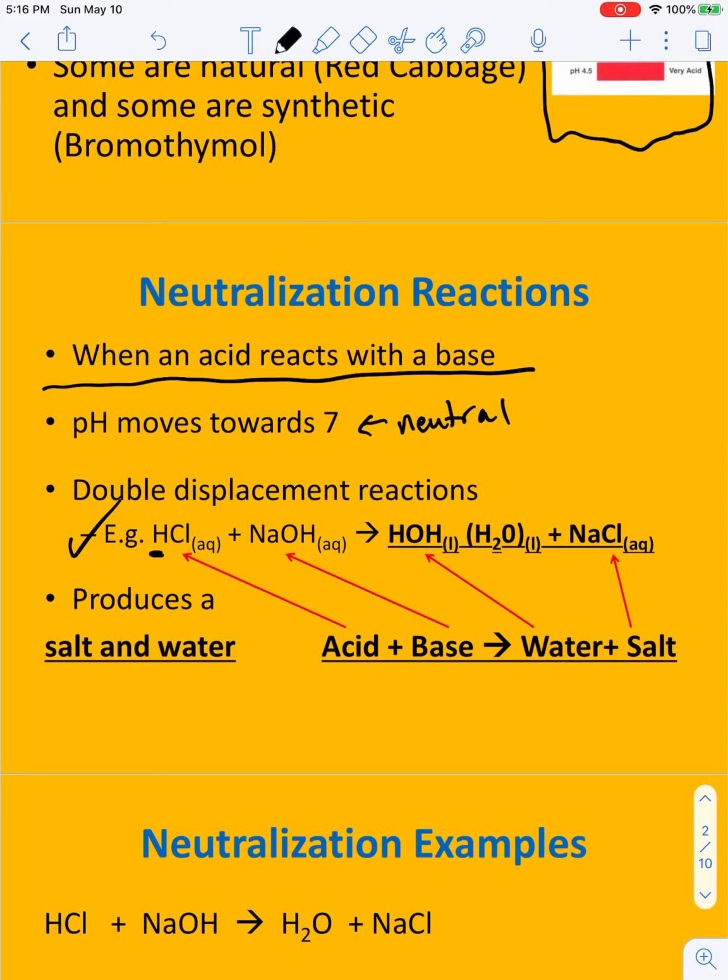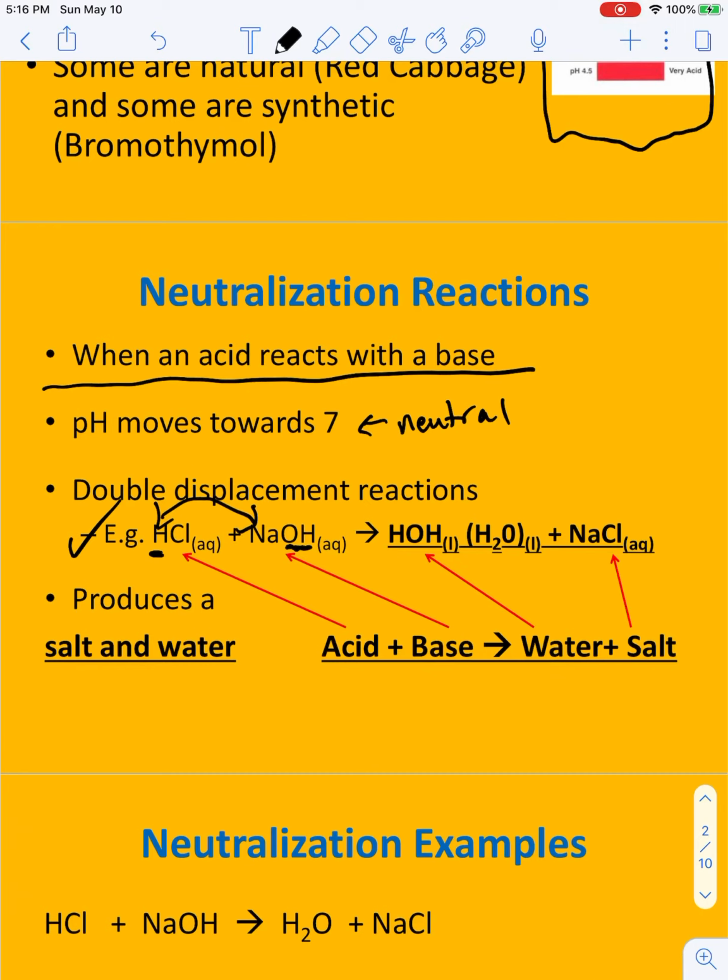Just 2 elements, one being hydrogen. And then the base here, it's the hydroxide that tells you it's a base. So if we mix hydrochloric acid and sodium hydroxide, hopefully you understand a double displacement will mean these two will switch place.